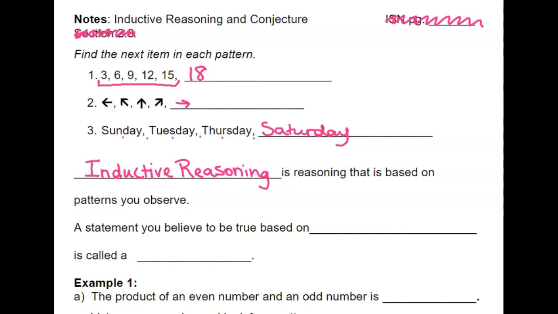I used inductive reasoning on number 2 to determine that the next arrow would be to the right based on the pattern. And I also used inductive reasoning on number 3 to determine from the pattern that the next term is Saturday. A statement that you believe to be true based on patterns is called a conjecture.